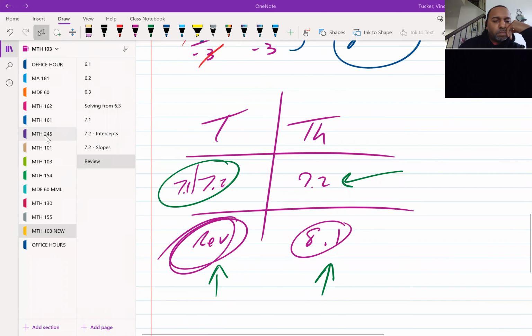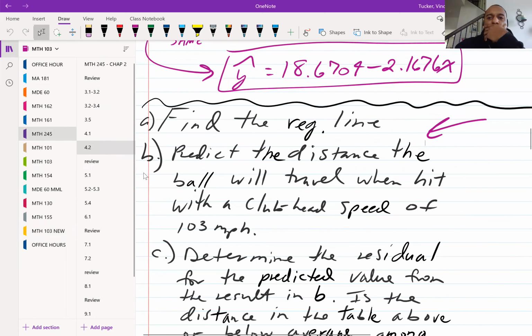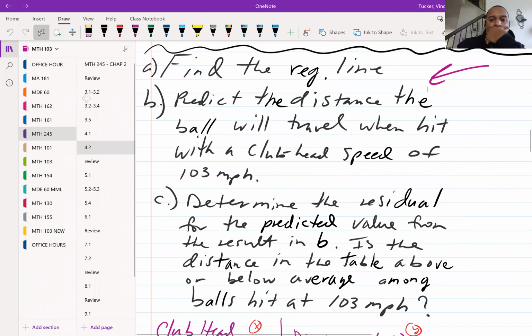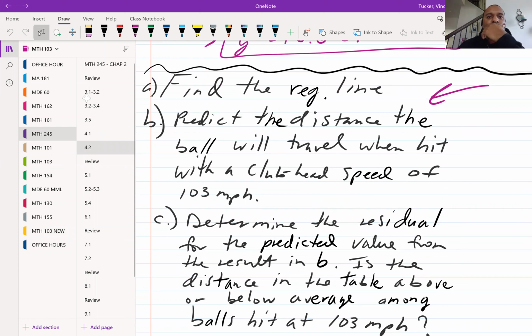So, as always, give everybody a chance to get logged in and connected. Okay, I think we're all in now.